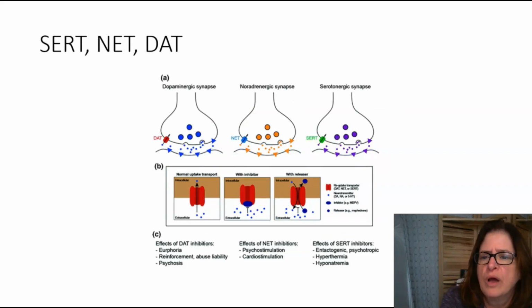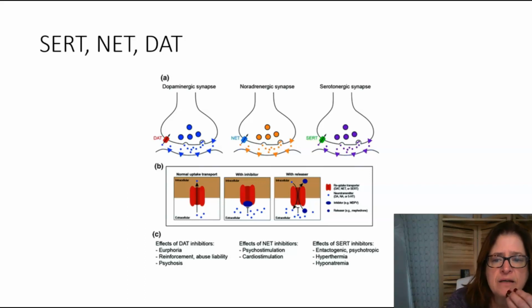Now, I wanted to bring back and just remind you about SERT, NET, and DAT. These are the transporters for serotonin, norepinephrine, and dopamine, respectively, right? So the effect of these is the movement of dopamine, norepinephrine, or serotonin from the synaptic cleft into the cells.